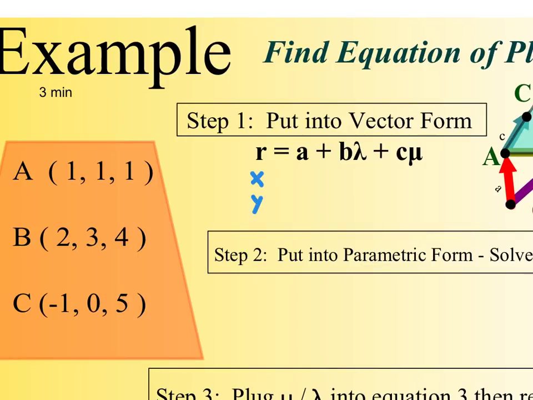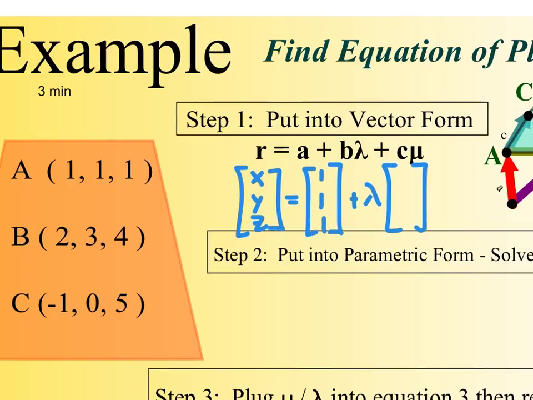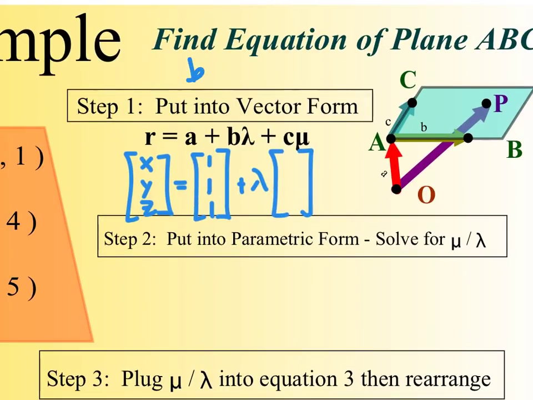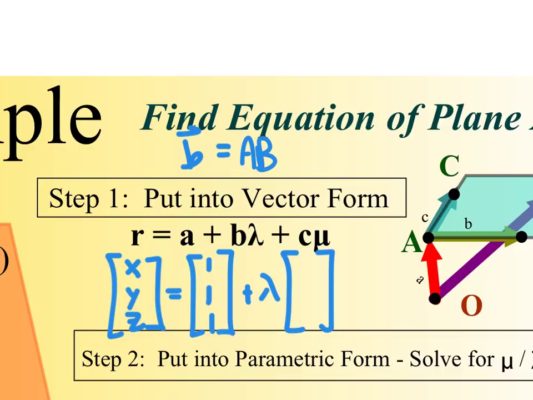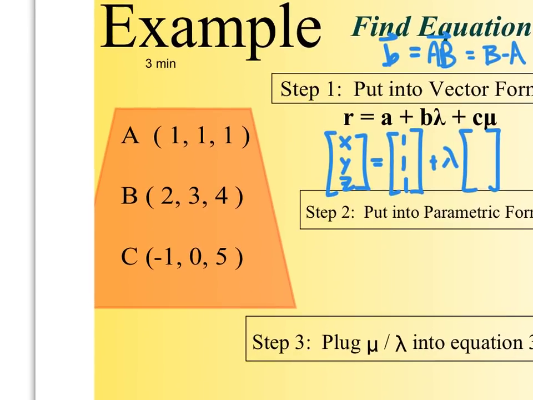R, which is X, Y, Z, will be wherever we start, 1, 1, 1, plus lambda times B. B is not going to be the points for B. Vector B, if we look over here, would be vector AB, which is equal to all the points of B minus all the points of A. So vector AB would equal 2 minus 1, 3 minus 1, 4 minus 1. So it looks like 1, 2, 3.